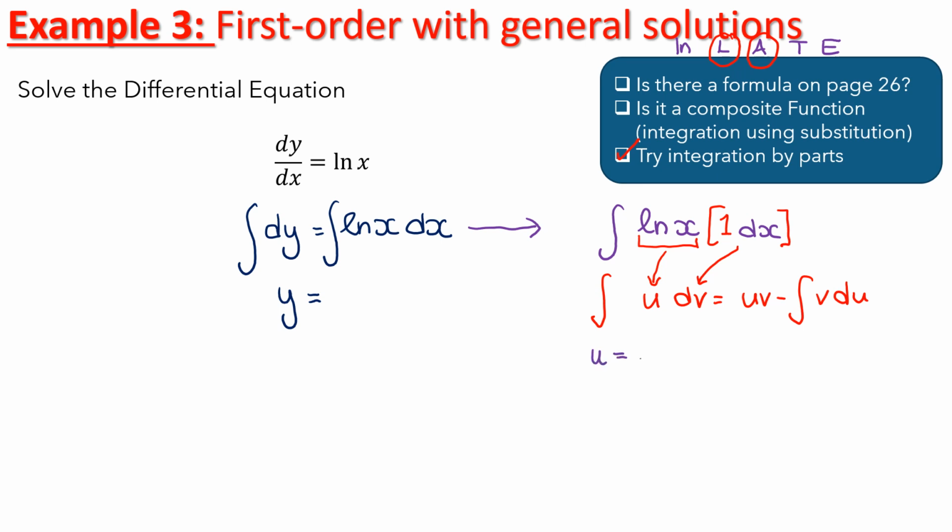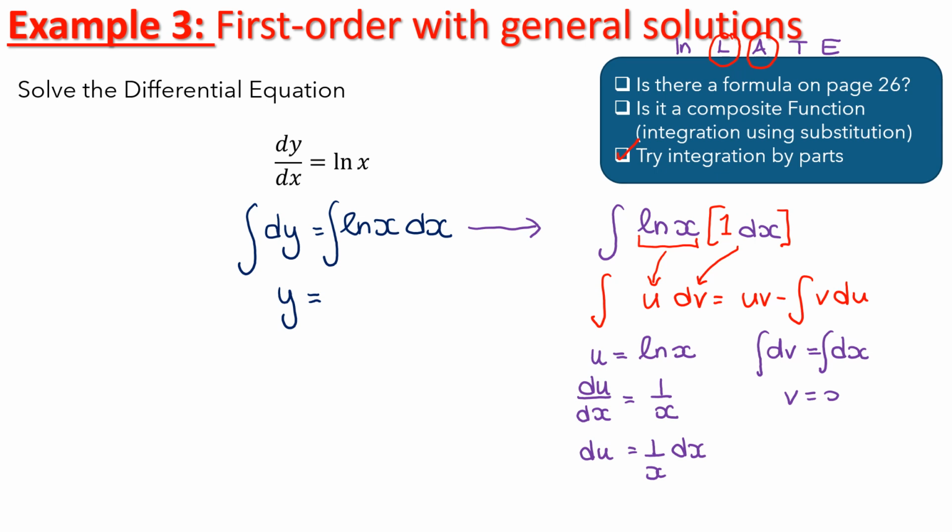So we have u equals ln x, and that's great because now I'm differentiating, and we do have a rule for differentiating our natural log, and that's 1 over x, so du equals 1 over x dx. We then have dv equals 1 dx or just dx, and then you integrate and v equals x.